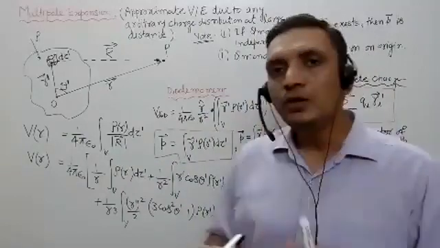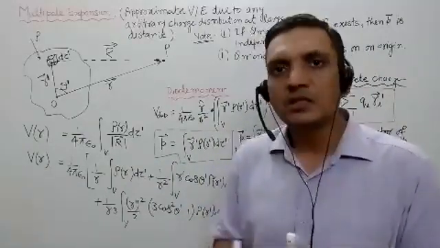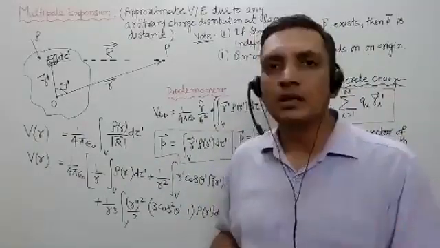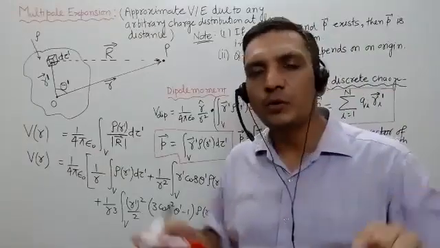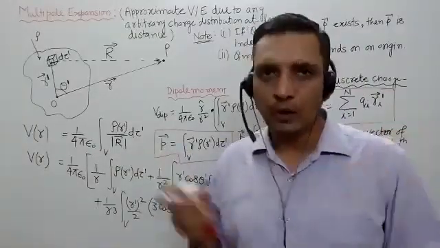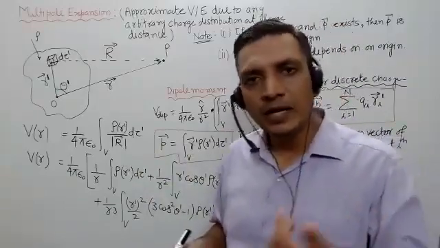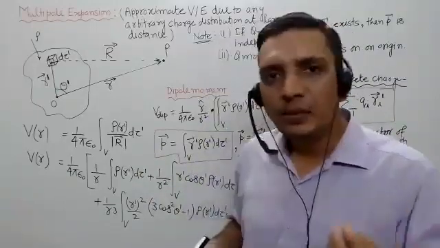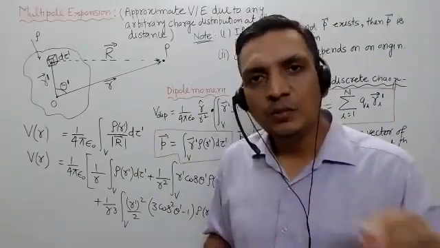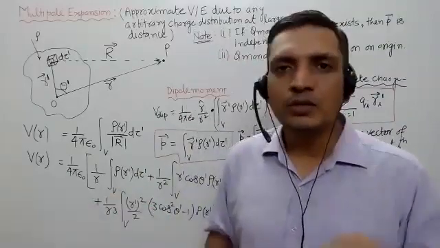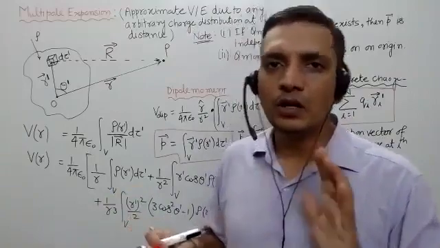For example, you don't have tripole, because tripole you can form using 3 monopoles or 1 monopole and 1 dipole. You don't have pentapole. Pentapole you can have using monopole only, using monopole and dipole, or using monopole and quadrupole.